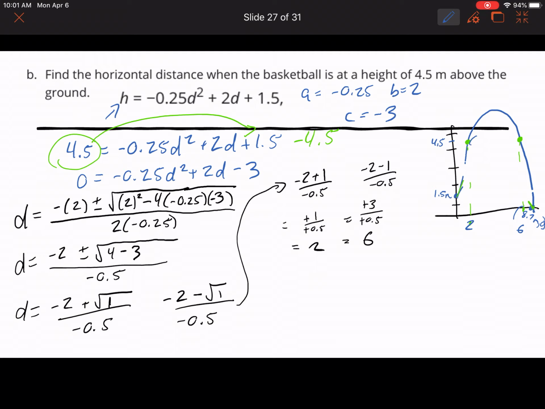So we get a point of 2 and 4.5, we get a point of 6 and 4.5. So both of those x's are correct because we've got one going up and we've got one going down.